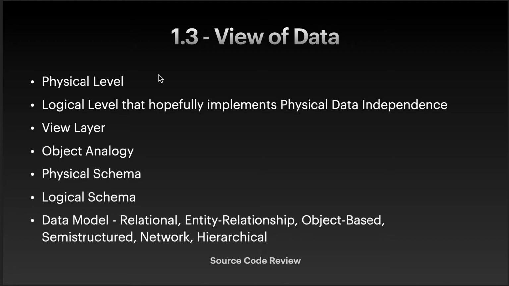The logical level is how the data is stored on the conceptual level for a particular application. Let's say, to take the university example that this book uses, you want the database to have courses, okay, and students, right?